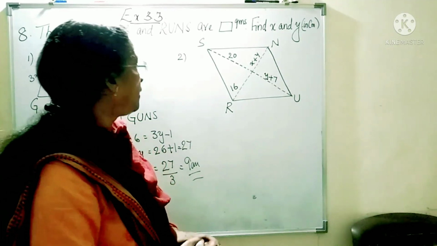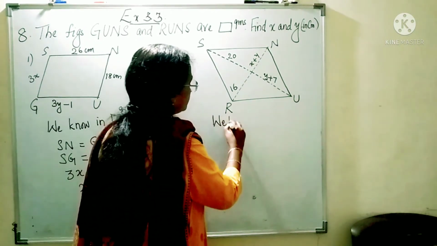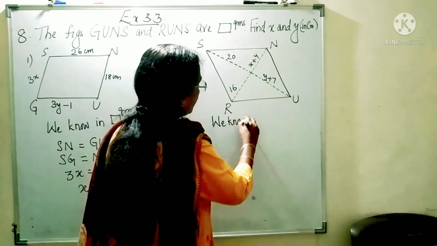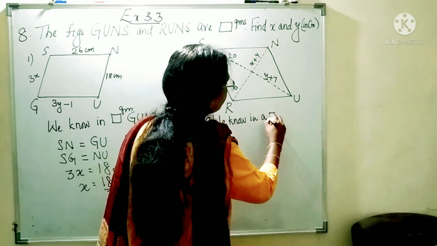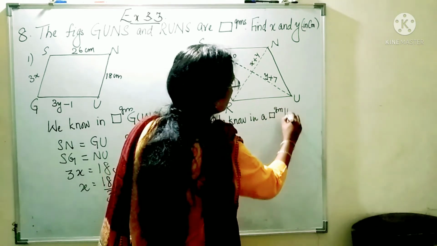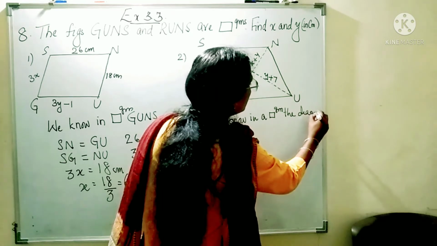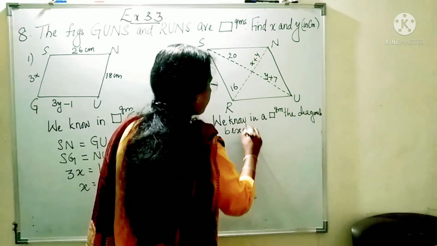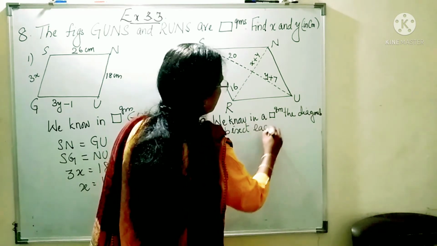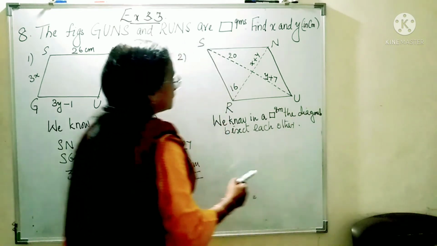So we know that in a parallelogram the diagonals bisect each other. So this is the property we use.